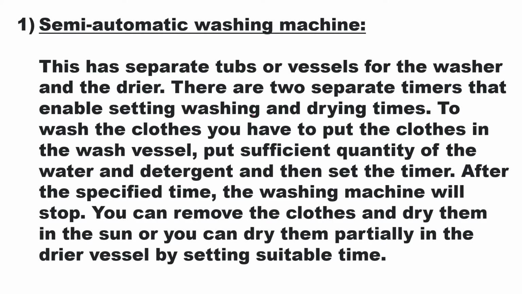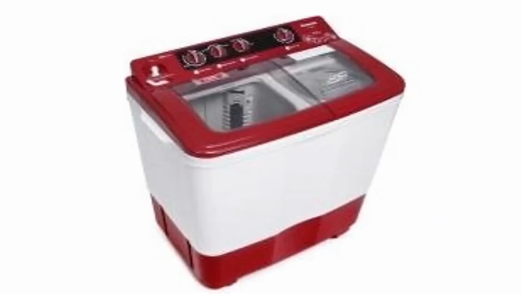Now, the only thing here is your drying is separate and your washing is separate. Okay, your tub for washing is separate and your tub for drying is separate. So you have some manual work: after washing, you have to take the drained clothes and put them in the dryer for drying. Okay, so this is your semi-automatic washing machine, which can look like this.